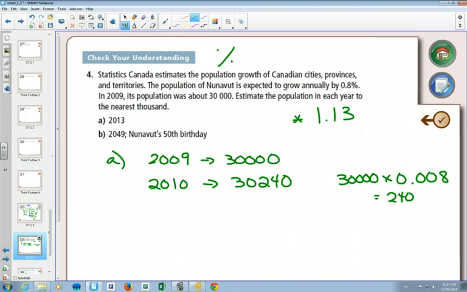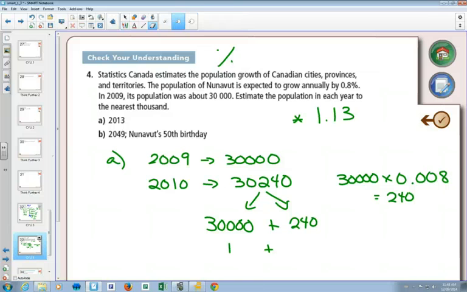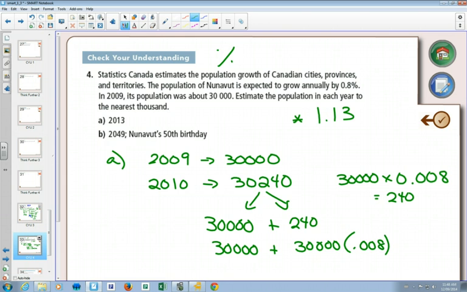And if we look at what happened here with this 30,240, we started with 30,000 and then we added 240. This is your amount plus, well, here I'll just write it out with the calculations again. This 240 was 30,000 times 0.008.